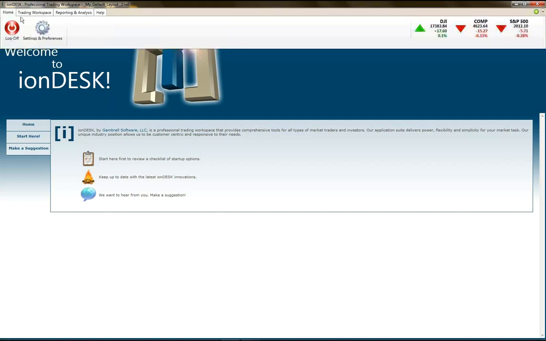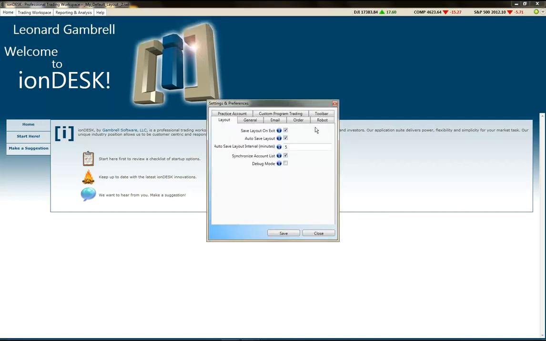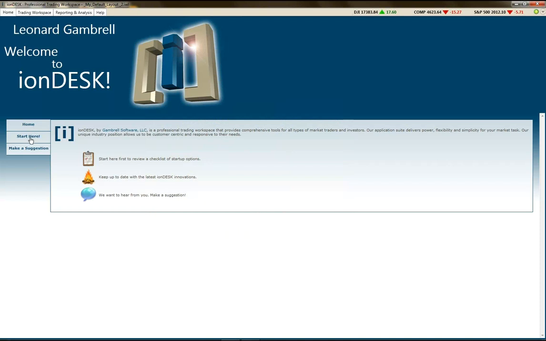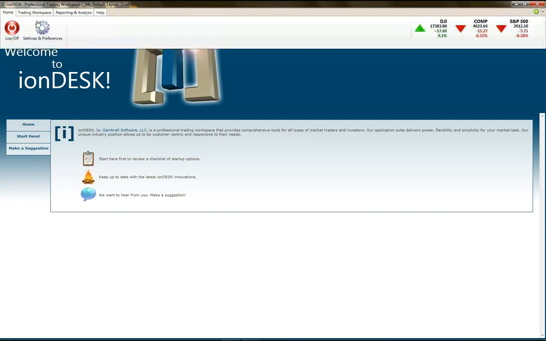First, I'm just going to walk you through some things that you need to know about how to log off and how to get preferences, just very quickly. Of course, on the home screen, you can find additional information about what you would need to do in order to connect with your particular broker. So I have made that connection. Okay. I think I've figured that one out.